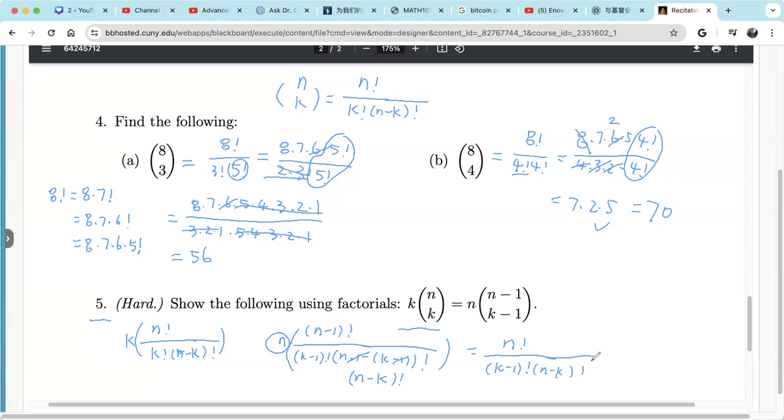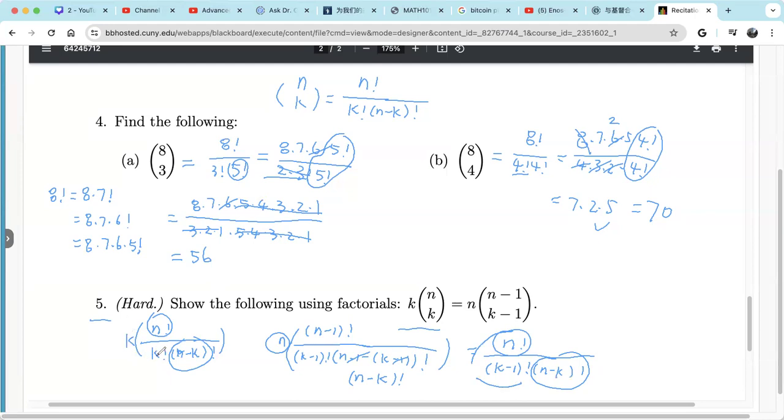Well, let's compare these two, right? So here we have n factorial, and here we have n factorial. So the numerators are the same. And the denominator will have n minus k factorial on both sides.